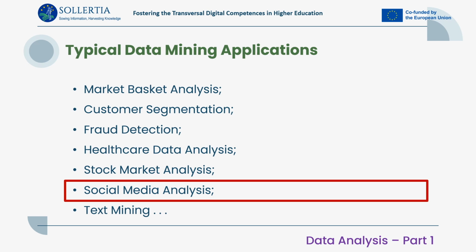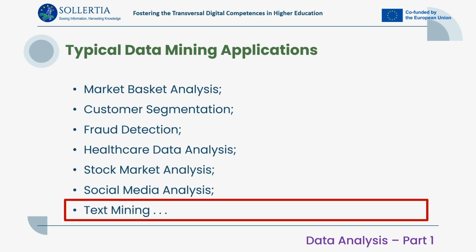Analyzing data from social networks to understand user behavior, preferences, and trends can be used for targeted advertising, sentiment analysis, and influence tracking. Used to extract useful information and insights from text data like emails, documents, and web content, it's widely used in customer service, research, and content analysis. These are just some of a variety of applications of data mining. There are many, many more.